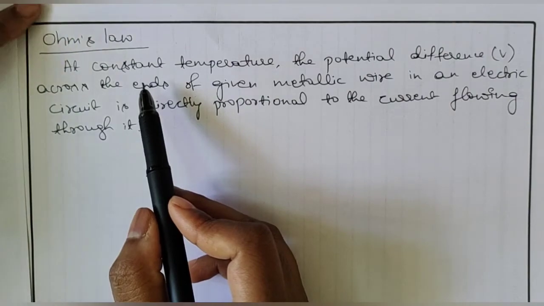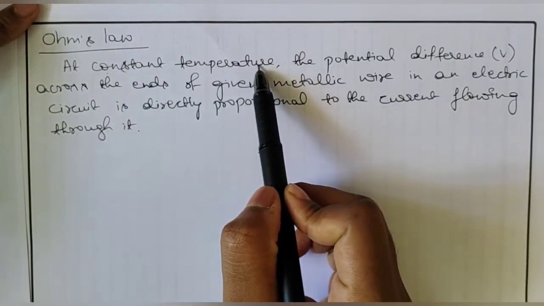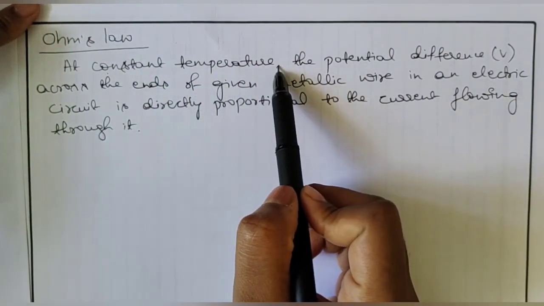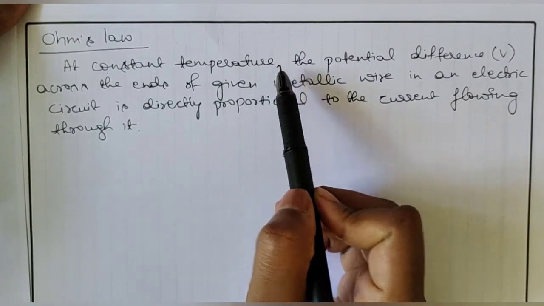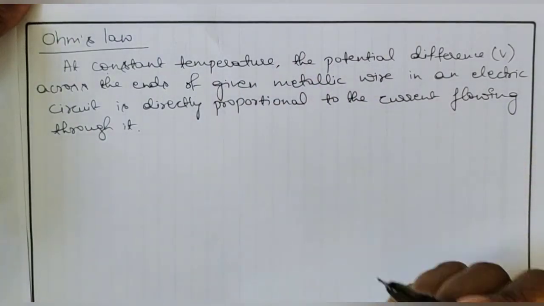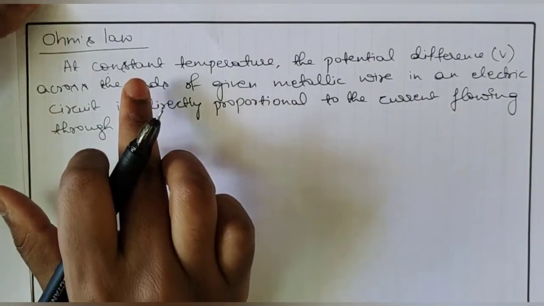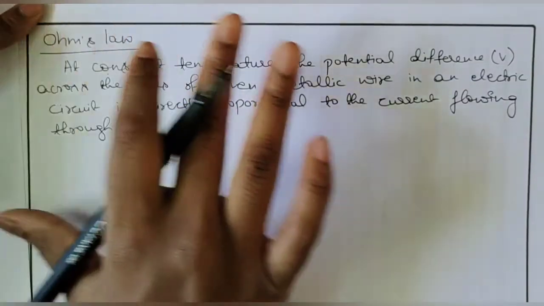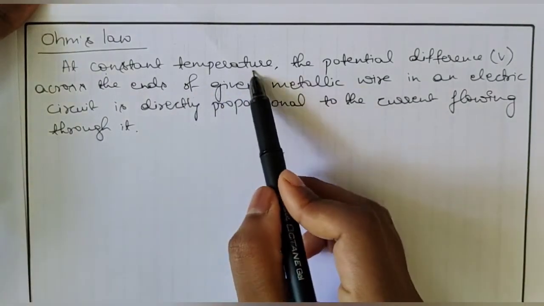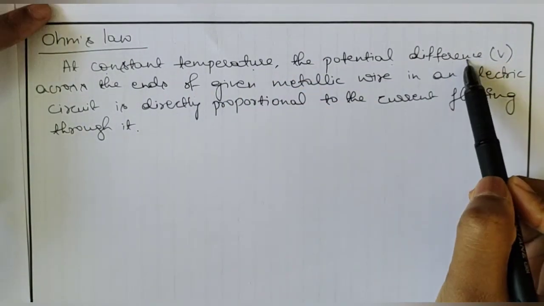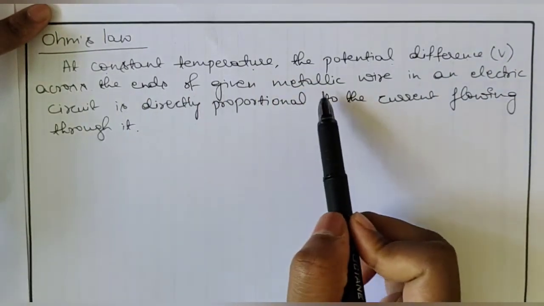Ohm's law states that at a constant temperature, why is this constant temperature necessary? We take a resistance based on the requirement of the experiment. Which one did we take here? Nichrome wire. So we should have a constant temperature throughout all the trials. So at a constant temperature, the potential difference across the ends of a given metallic wire.